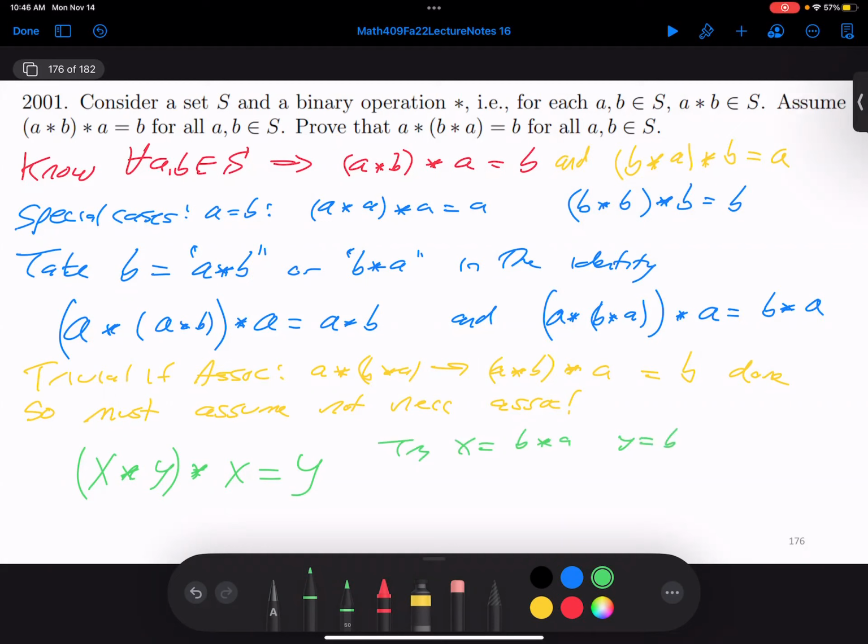Now this would give us B star A star B star B star A equals Y, which is B. And do we have that?